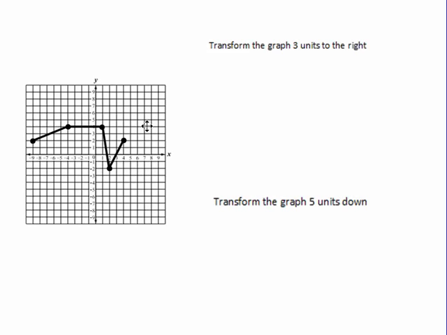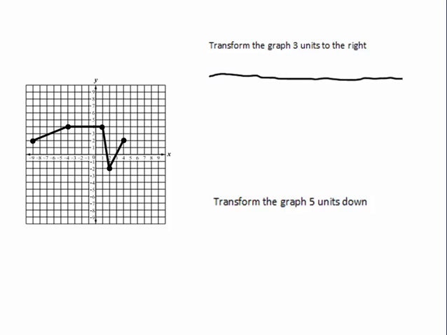So with the first one, it asks us to transform the graph 3 units to the right. Essentially we want to take the same graph and move it 3 units over to the right. In order to do that, I want to make a table of values.